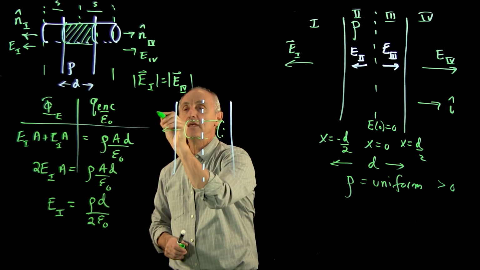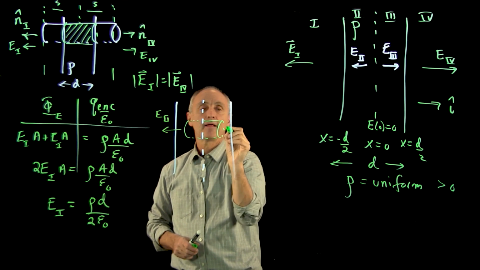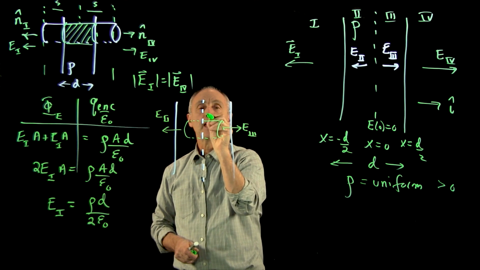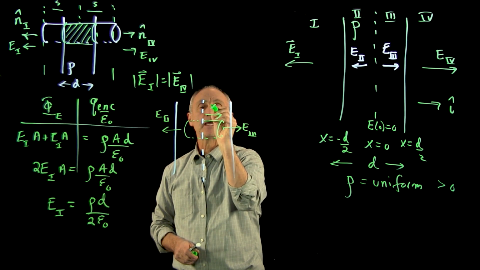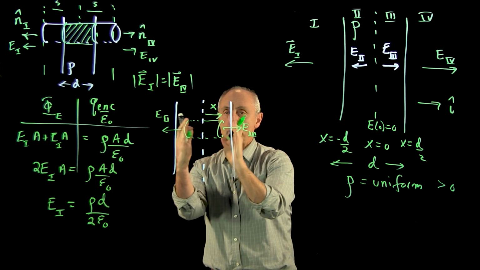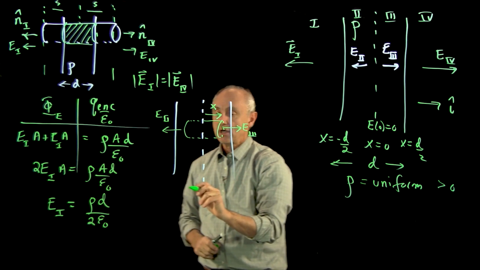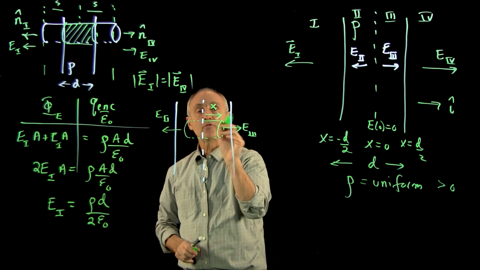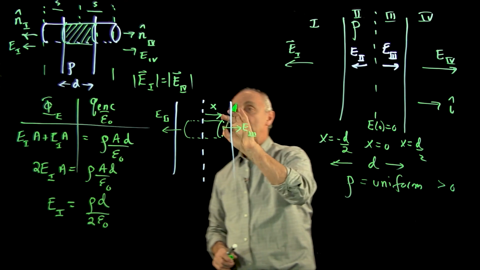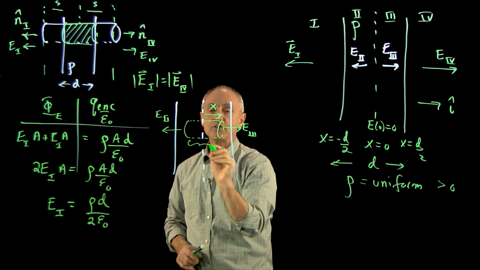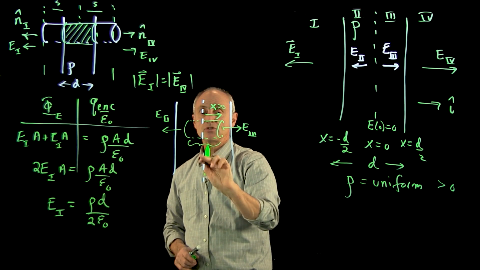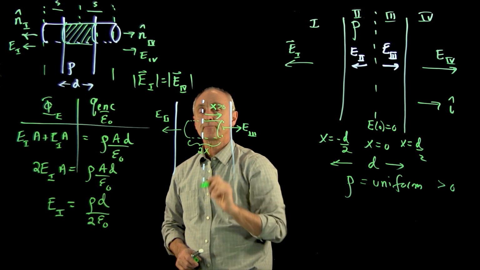And I have E2, E3, pointing out, and I'm going to call this my variable x. So my Gaussian surface is probing the inner region where x can go from 0 to some distance out here, but the whole size here, let's make x positive in this case, is just 2x.